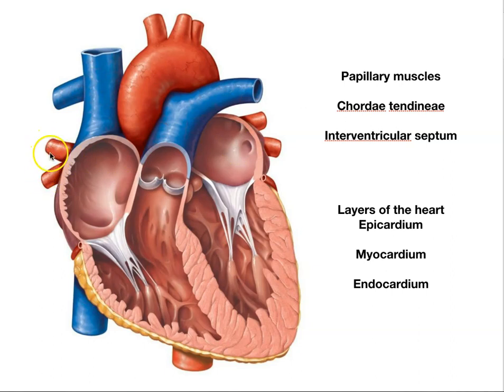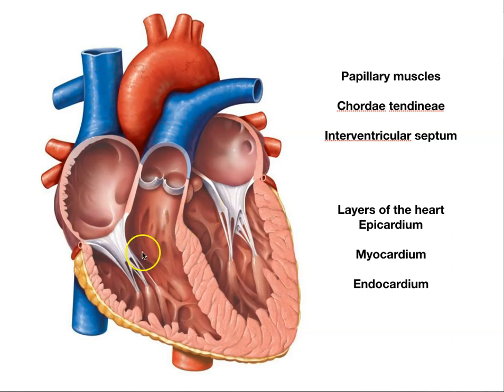This is the right pulmonary veins, taking blood back to the left atrium. What valve is this? This is the mitral valve. You can kind of see right here, here's the left ventricle, and this is going to be the aortic valve, the semilunar valve on the left side of the heart.